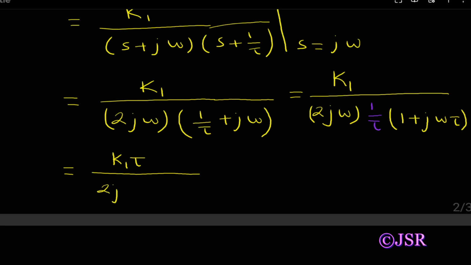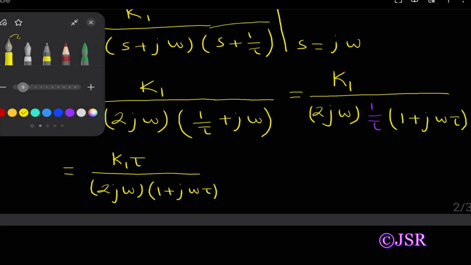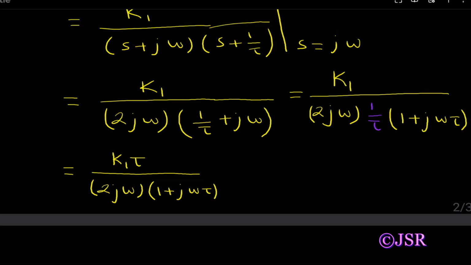So finally we will get k1 tau upon 2j omega and (1 plus j omega tau).